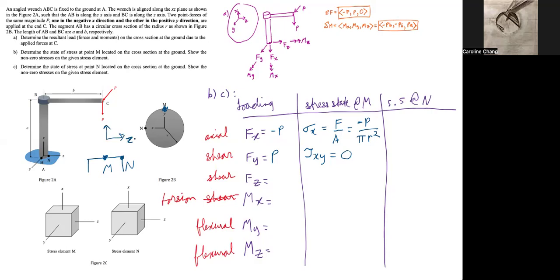Oh wait, sorry, this is Z and this is X. So axial force acts evenly across every point, so the stress at stress element M and the stress at stress element N are going to be equal. So sigma x will be equal to negative P over pi r squared, also at stress element N.